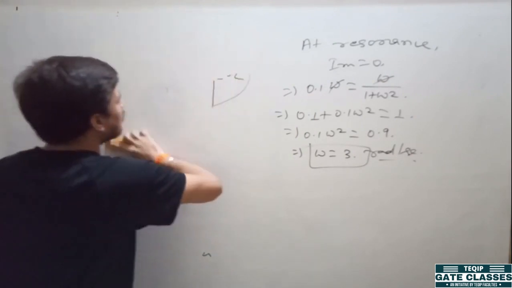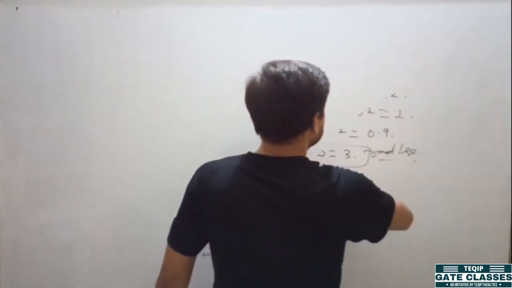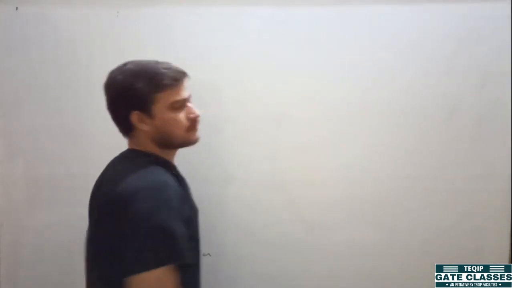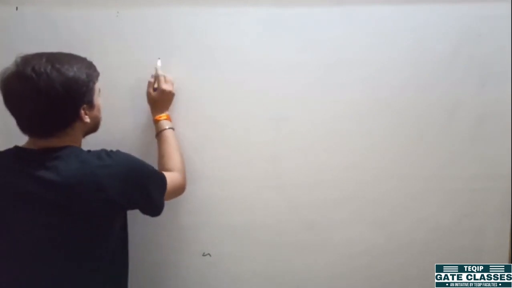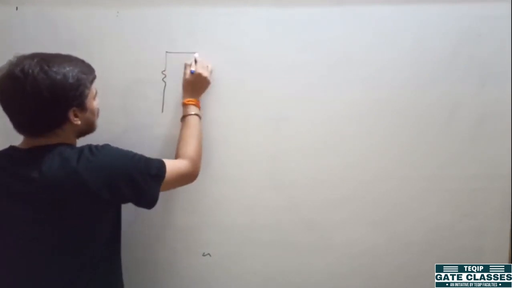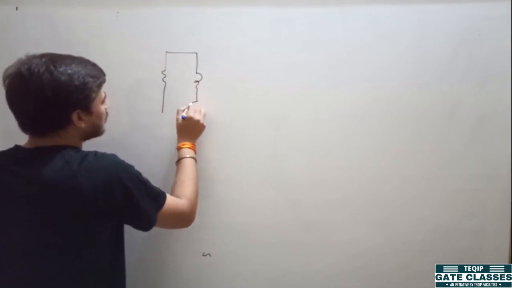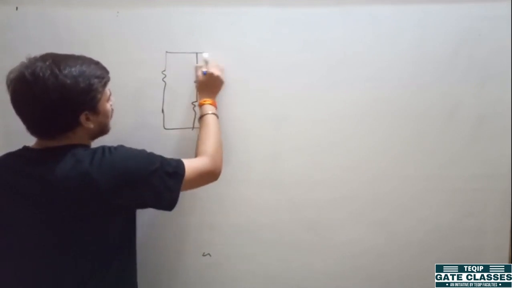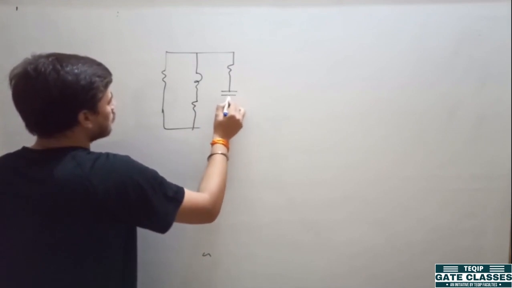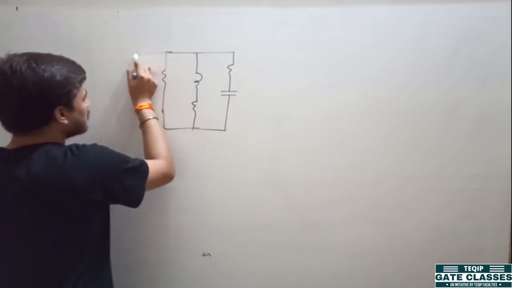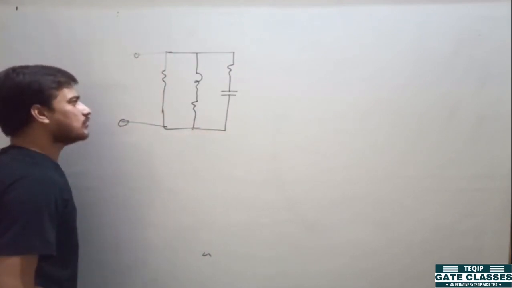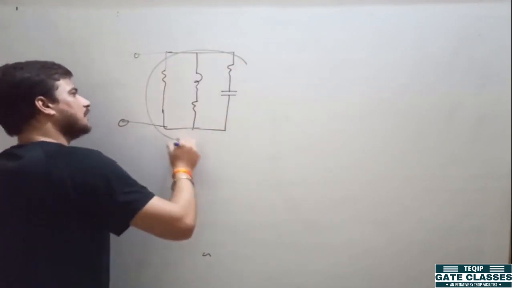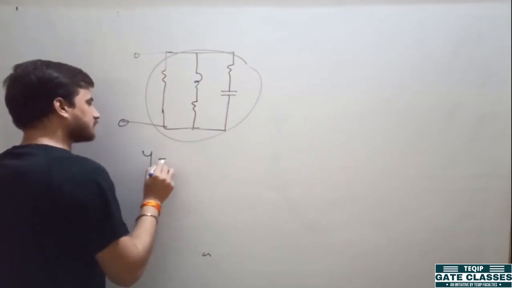Now let us come to the conclusion. If any parallel network is given to you, and they are asking you to find the value of resonant frequency, so what will you do? For a parallel network, you will have to take admittance.